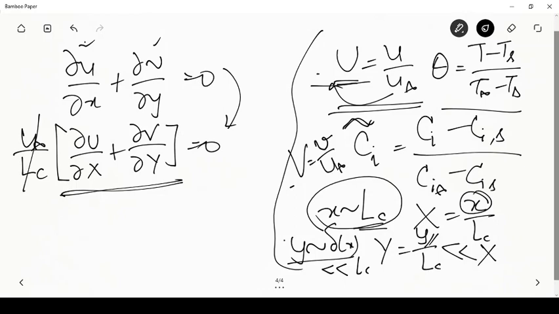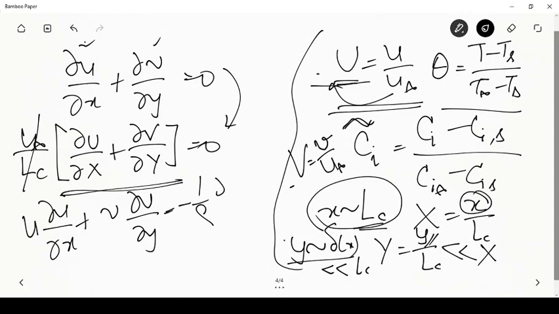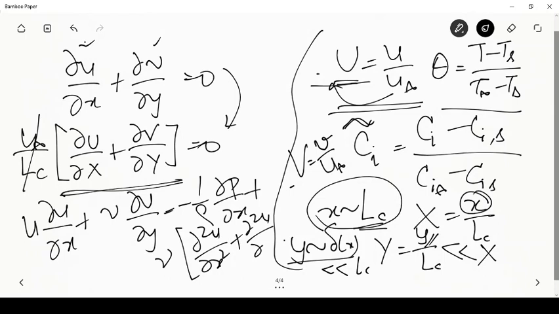So you will have u del u by del x plus v del u by del y is minus 1 by rho del p by del x plus nu del squared u by del x squared plus del squared u by del y squared. So now what happens?